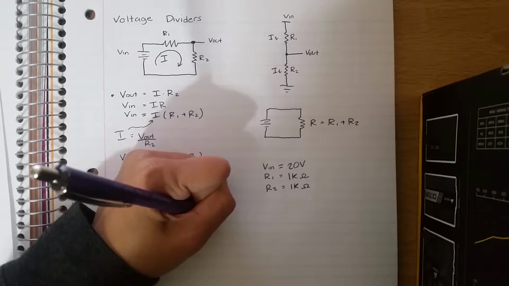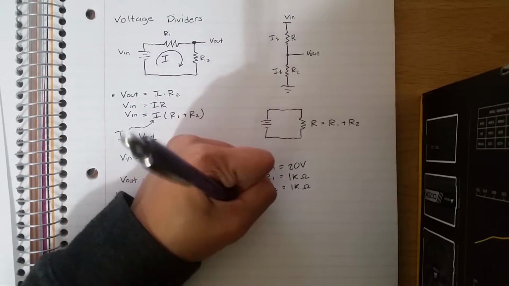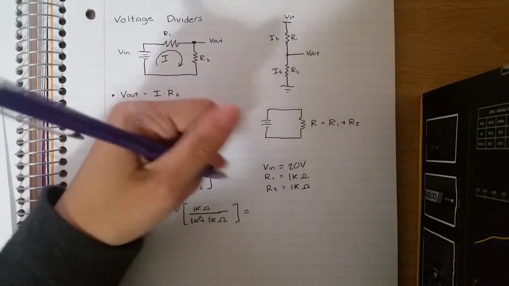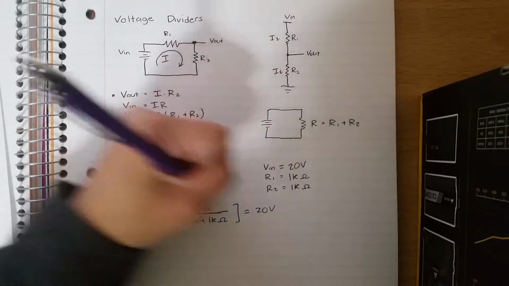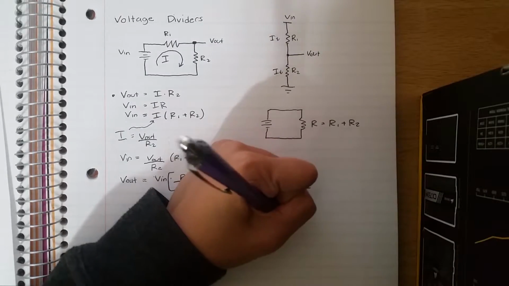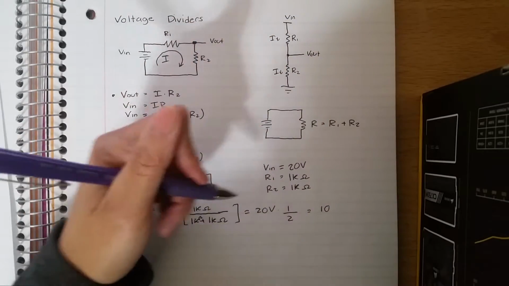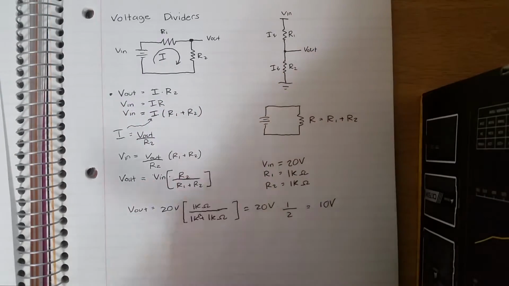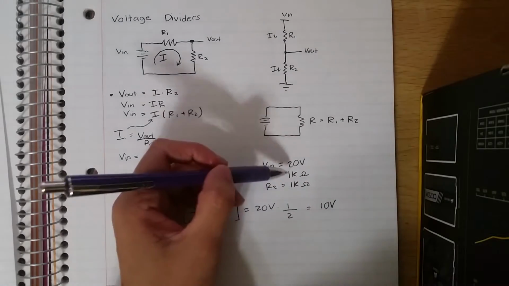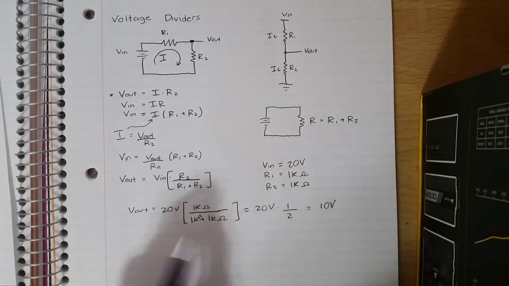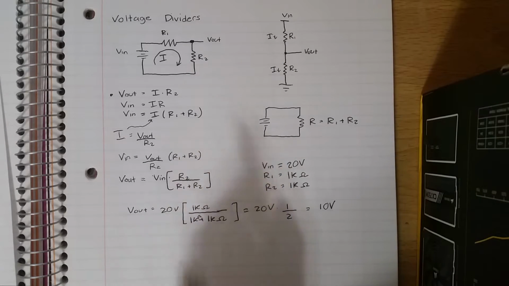Sorry, never forget your units, folks, because units save lives. After everything cancels, 20 volts times 1 over 2 equals 10 volts.